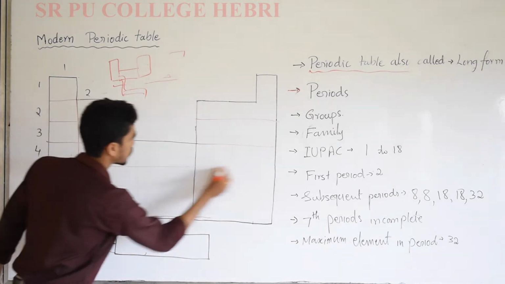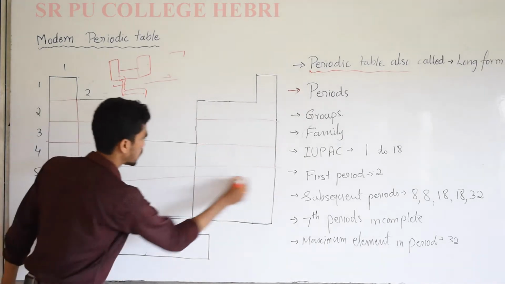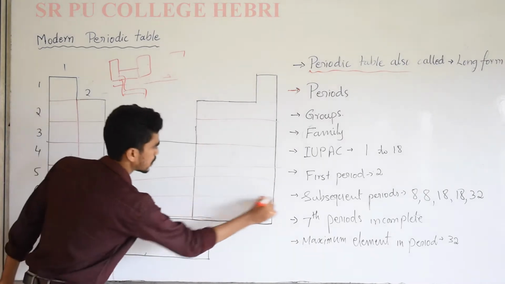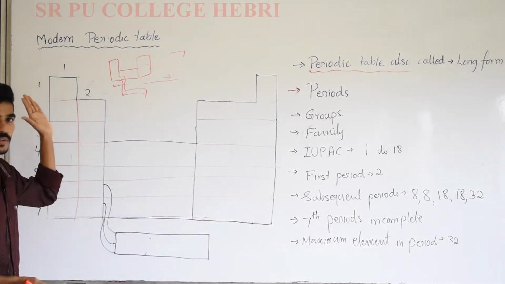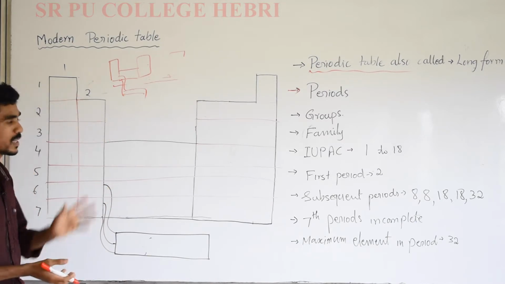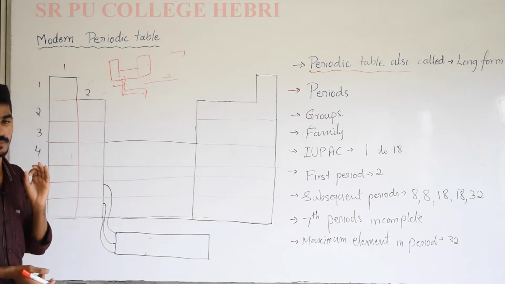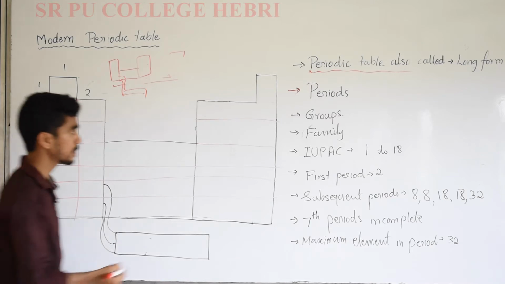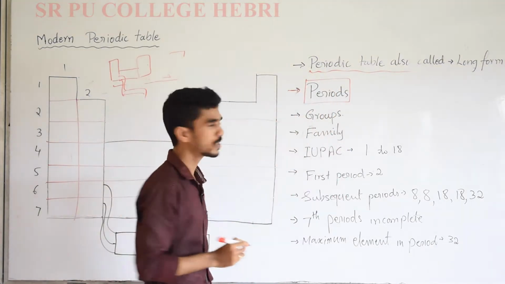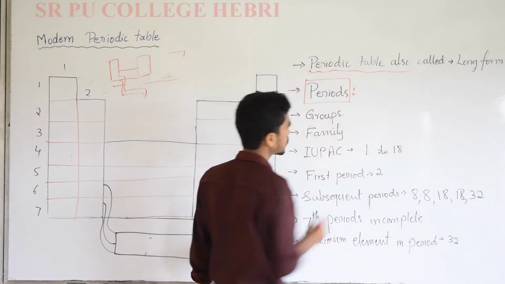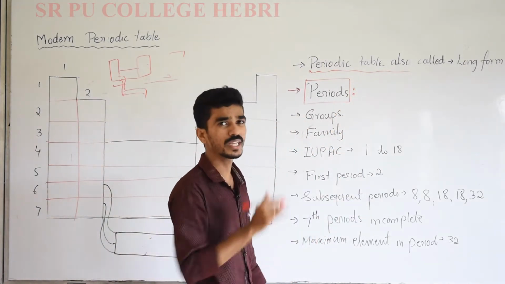See, everything is made up of different kinds of boxes, and in those boxes there are particular names. The first term is periods. What are periods? Periods are nothing but horizontal rows.